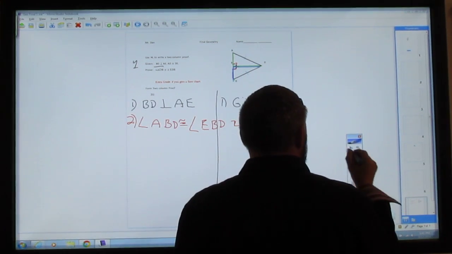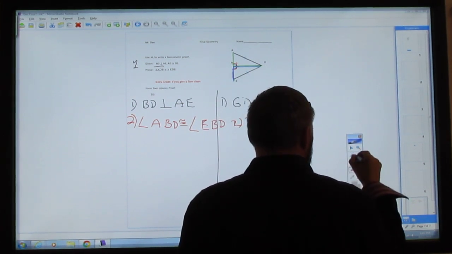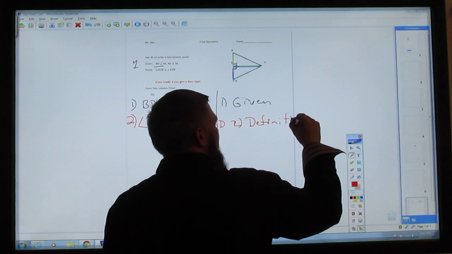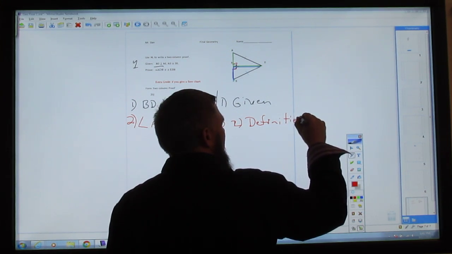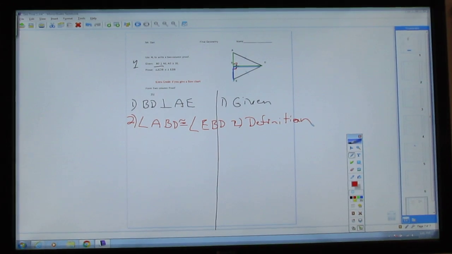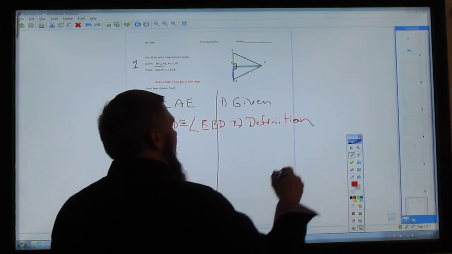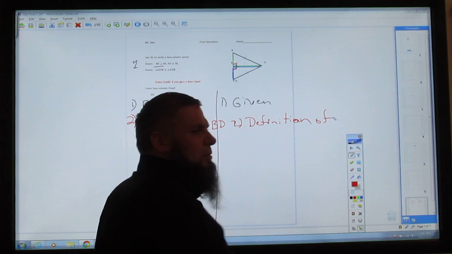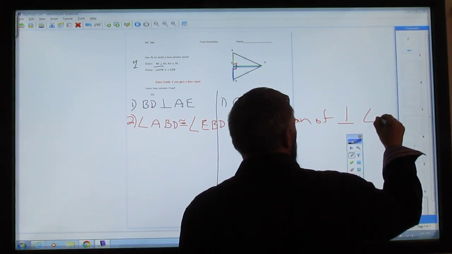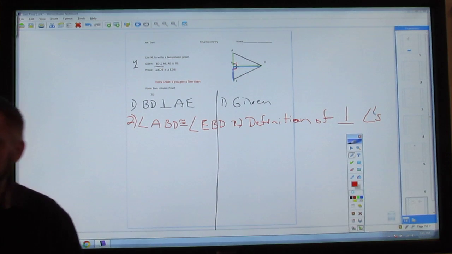Can't be fancy and spell the word wrong. Do you make the symbol right? Definition of perpendicular angles. That's all.